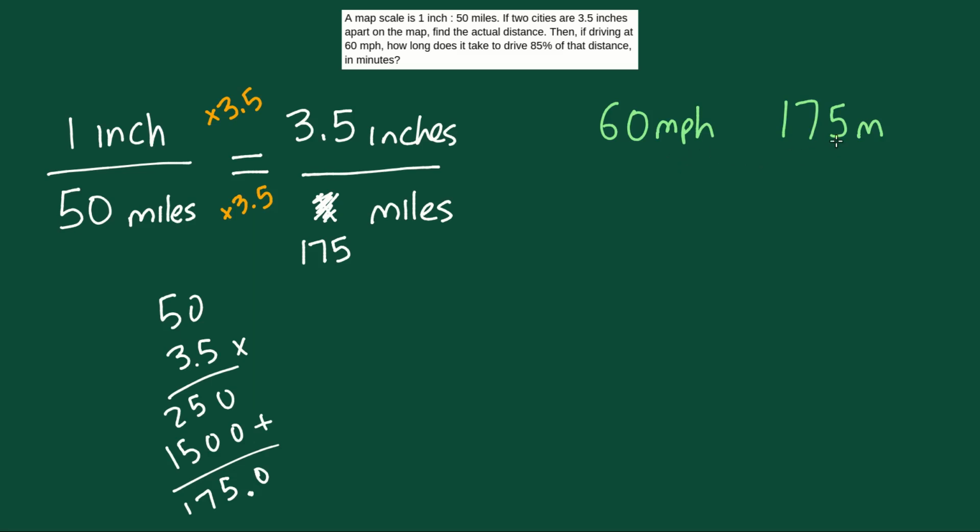Well, let's just divide and we'll see. What is 175 miles divided by 60? Once we divide this part, we'll have the hours left. Okay, so 175 divided by 60.